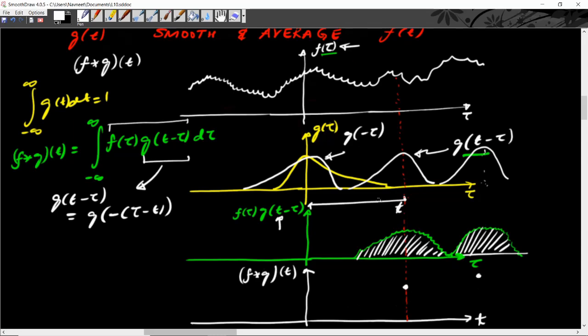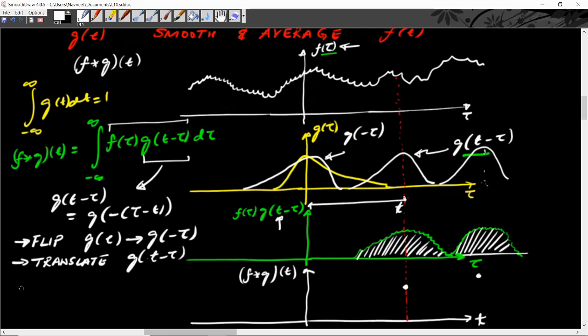So in this way, we flip the function g and then we translate this function after flipping, so from g of tau we flip it to get g of minus tau, then we translate it by a time t, so we have g of t minus tau.